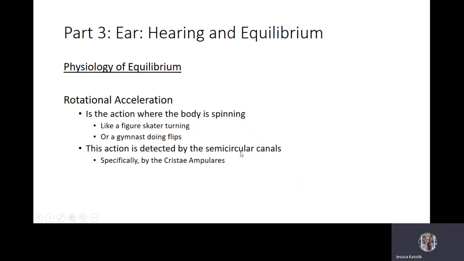And do take note that we actually have 3 different semicircular canals, the posterior, anterior, and lateral semicircular canals. Those semicircular canals are oriented in the 3 planes of the body, and as a result, each semicircular canal will be able to detect a different type of rotation.